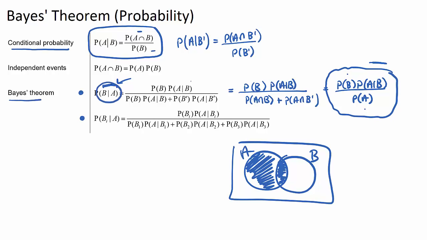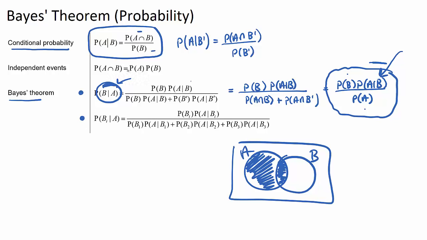You might know this one and want to find this one, or vice versa. Bayes' theorem links the two conditions together. If you know B given A, you can use the equation to find A given B, but you can't quickly do that if you just use the conditional probability formula.